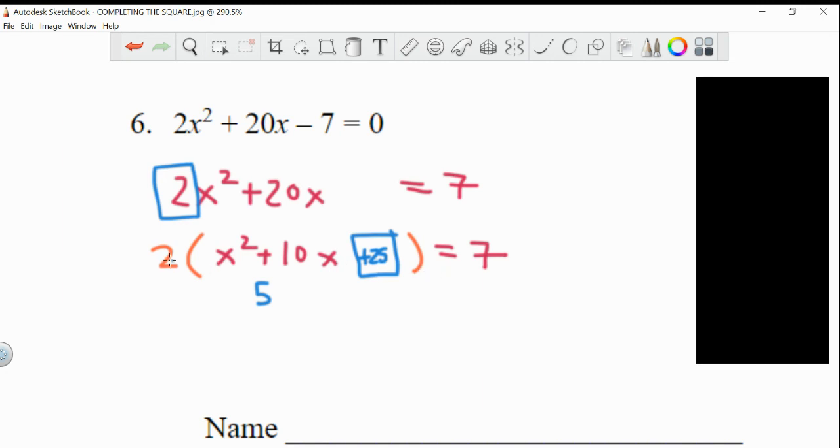The reason that this becomes more difficult with this 2 is that we've not added 25. We've added 2 25s, because this 25 is multiplied by 2.